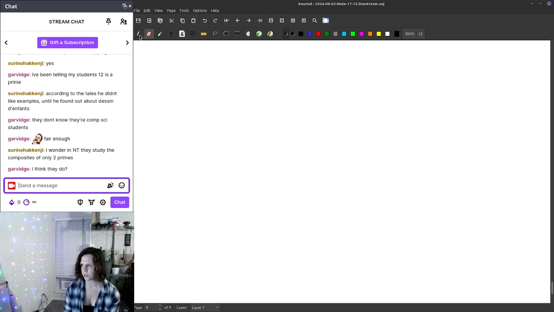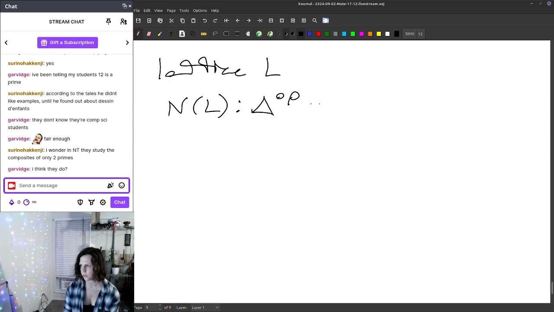If I have a lattice L, then I can define a simplicial set, which I guess I'll call N of L, which by definition, if we want to be fancy, is a functor like this.